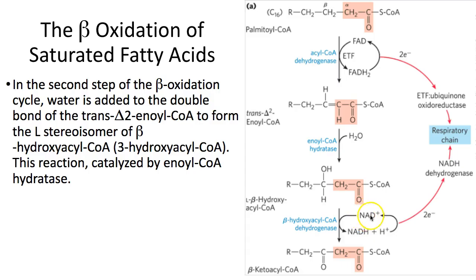step, electrons are transferred to NAD plus to produce NADH, which transfers electrons to NADH dehydrogenase, which transfers electrons also to the respiratory system, and electrons are transferred to oxygen, producing that metabolic water again and producing ATP as well.